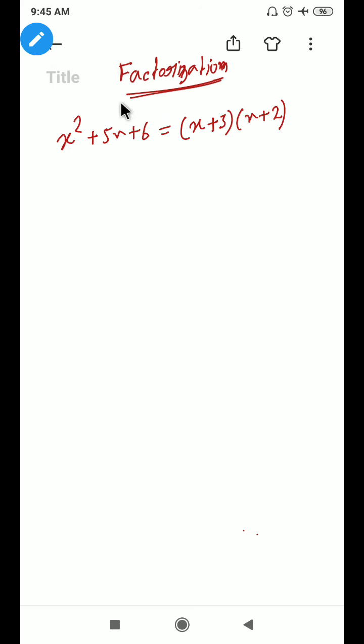That means this polynomial we can write as a product of two expressions, and each expression is called a factor of this. Clear? So in your question, this type of polynomial will be given and you have to do these things. Clear? Now let's start.